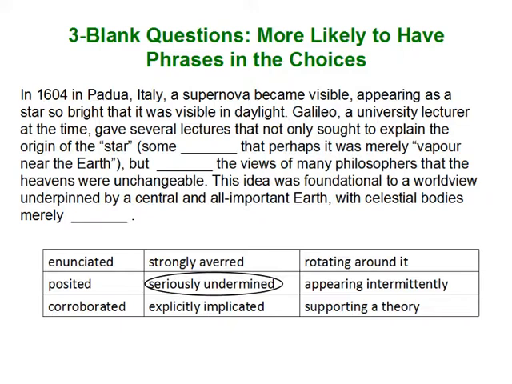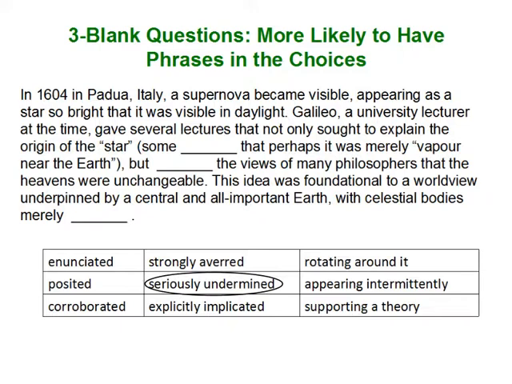Now, what idea are they referring to? They're referring here to the idea that the heavens were unchangeable. So the idea that the heavens were unchangeable was foundational to a worldview underpinned by a central and all-important earth with celestial bodies merely. Now, what could these celestial bodies merely be doing? If the earth is central and all-important, we might even say something like, with celestial bodies merely being unimportant.